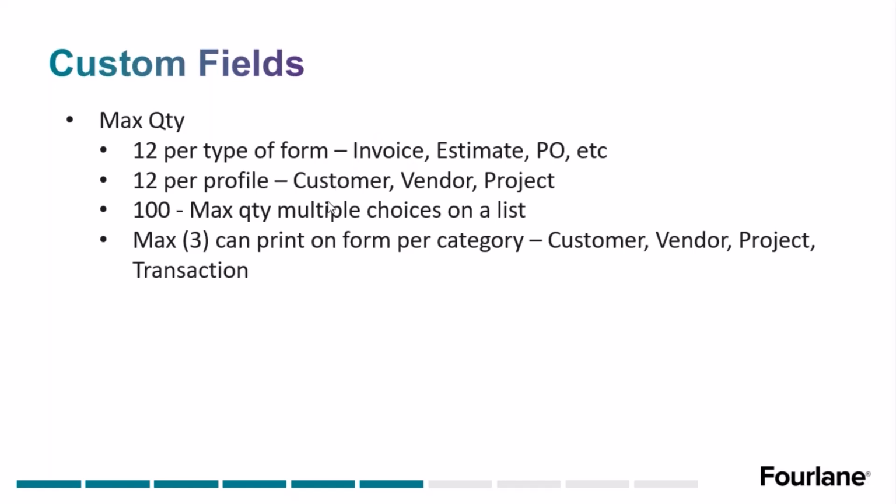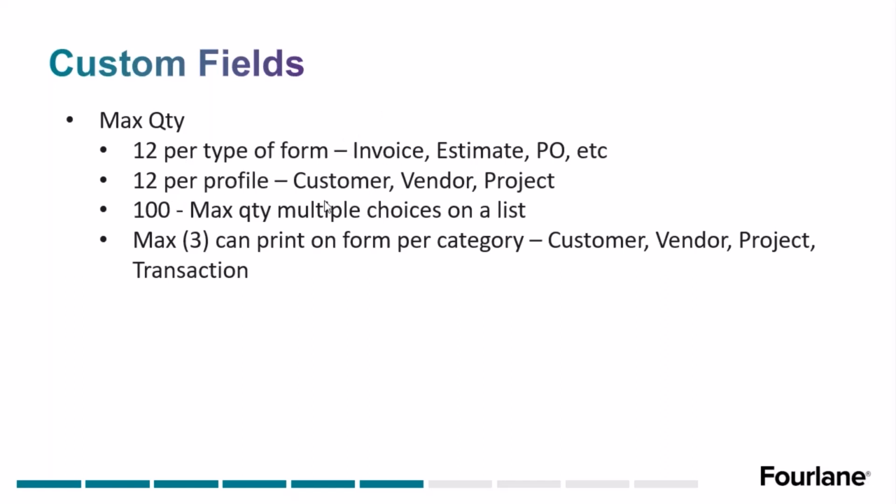Now, in QuickBooks Online that could be the case a little bit, because we do have some fields that aren't available in other versions of QuickBooks. So maybe we can get up to 12, but that's a lot of extra fields for somebody to have to fill in. You can have 12 per type of form, so 12 on the estimate and 12 different on the invoice.